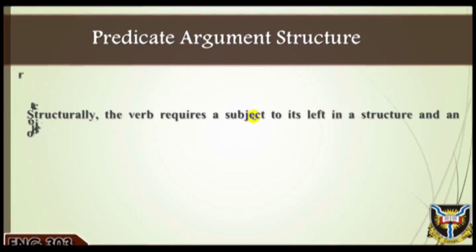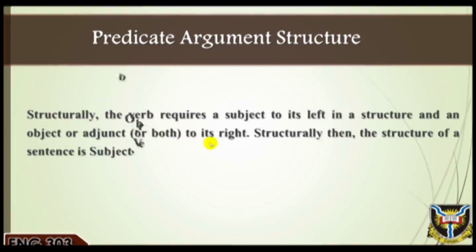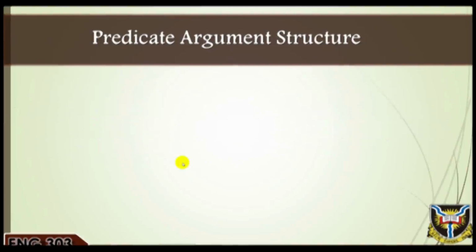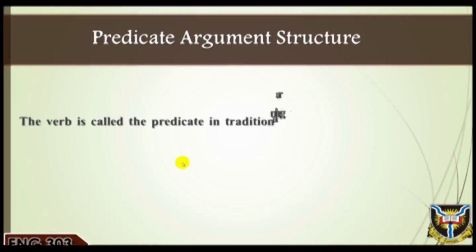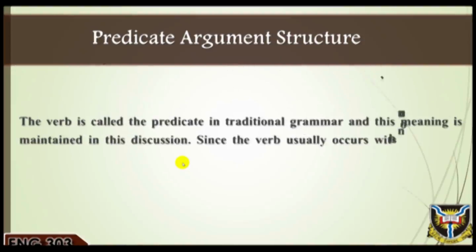Structurally, the verb requires a subject to its left in a structure and an object or adjunct or both to its right. Structurally then, the structure of a sentence is subject, verb, object, or adjunct. The verb is called the predicate in traditional grammar, and this meaning is maintained in this discussion.